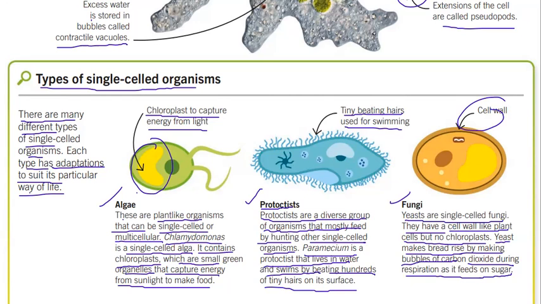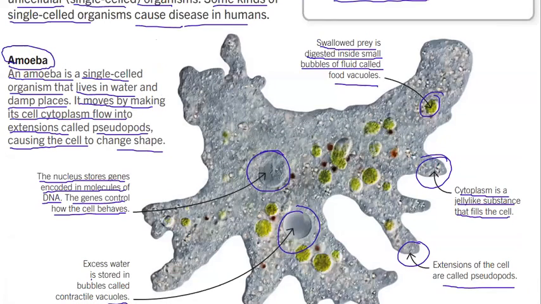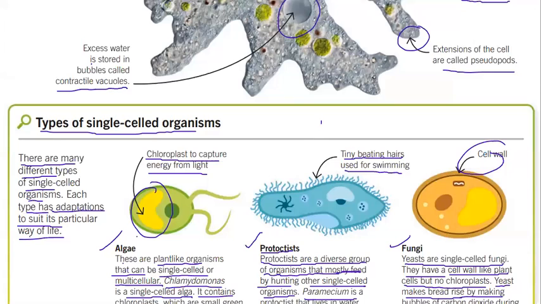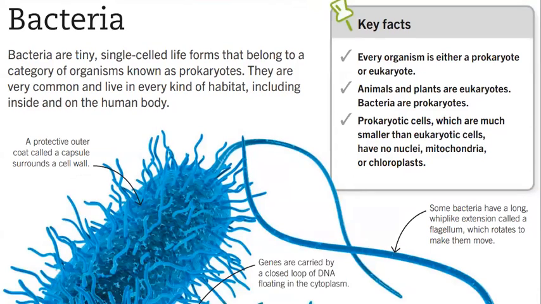So the most important part of the cell, in any cell you observe, is the chloroplast. The chloroplast is where photosynthesis takes place.